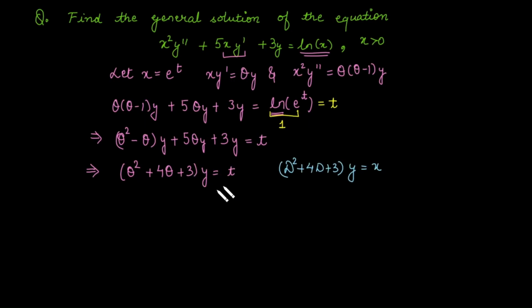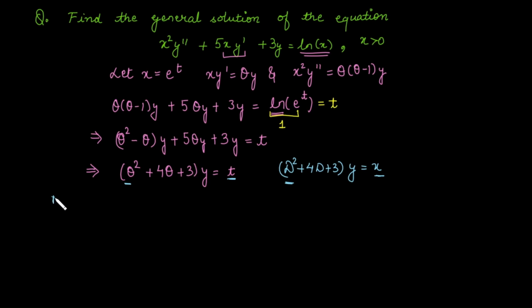Now if you replace theta by D, we have it in this form. So in this case, we need to find the solution as the complementary function as well as a particular integral. The same procedure we are going to follow over here, but instead of x we have t and instead of D we have theta.